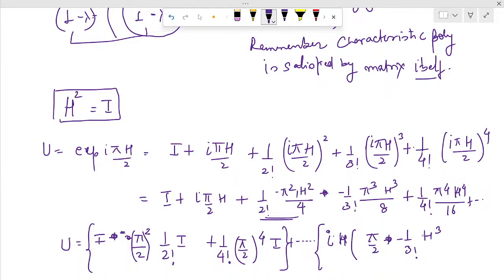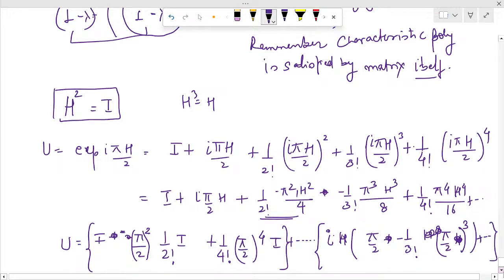And if you just think what this is, I'll write this would be pi upon 2 h whole cube, right? And remember, what would be h cube? If h square is identity, your h cube would be simply h. So I can take h common, right?